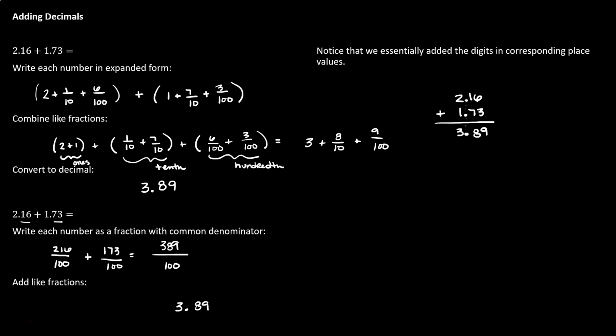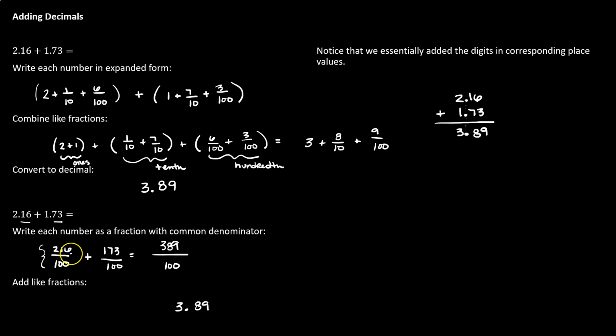So that's why we can use that standard algorithm that allows us to line up our numbers by aligning the place values. Typically we do that by lining up the decimal and then adding straight down all of the digits in the corresponding place values. Another way that we illustrated this was when we created fractions with the common denominator of 100.